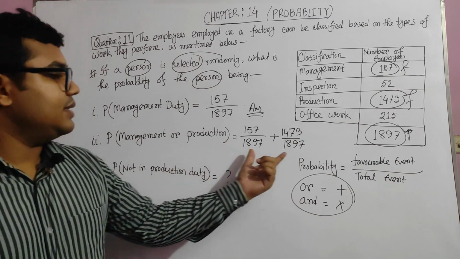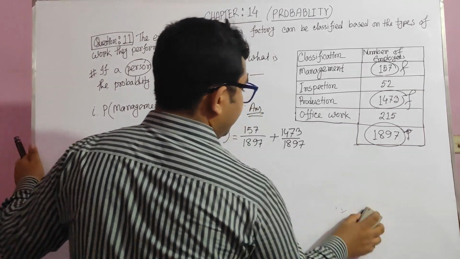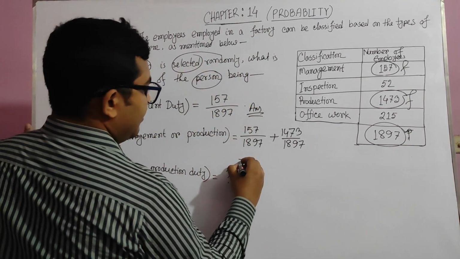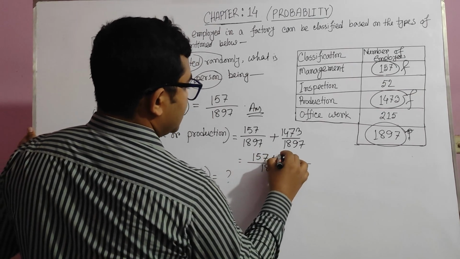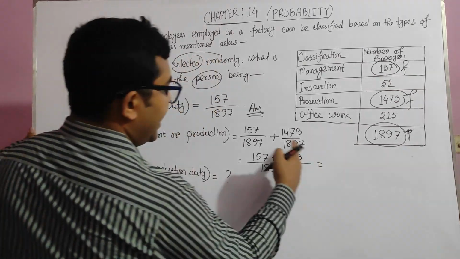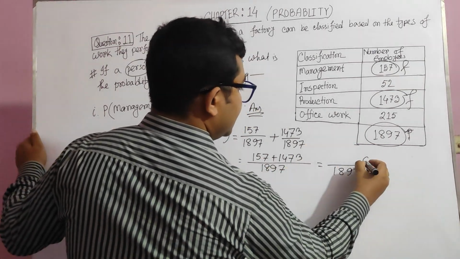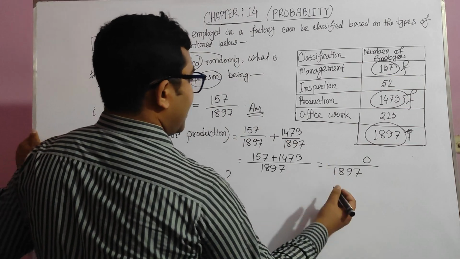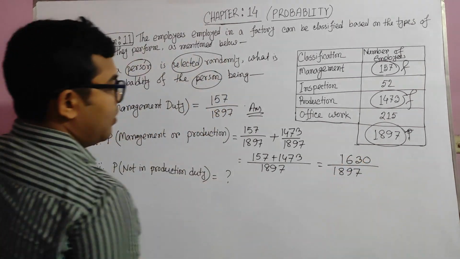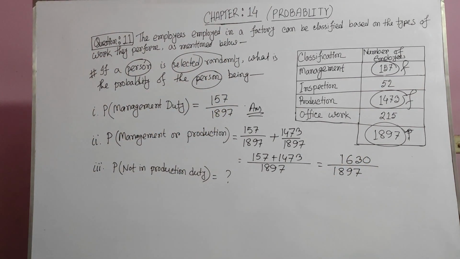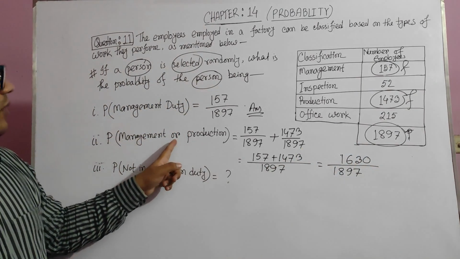If we go for the LCM, we get our final answer: 1897 in the denominator and 157 plus 1473 in the numerator. Adding these, we get 1630 divided by 1897, which is the probability of management or production.